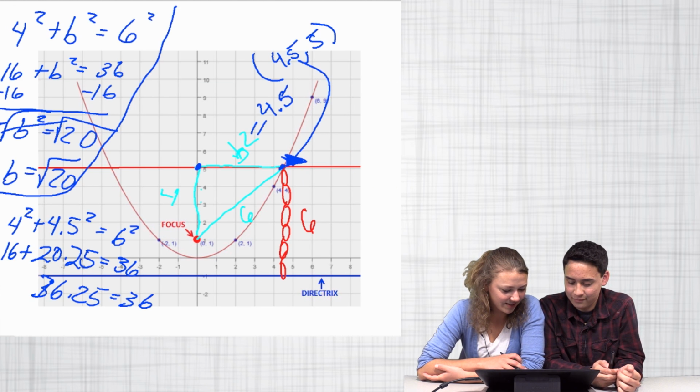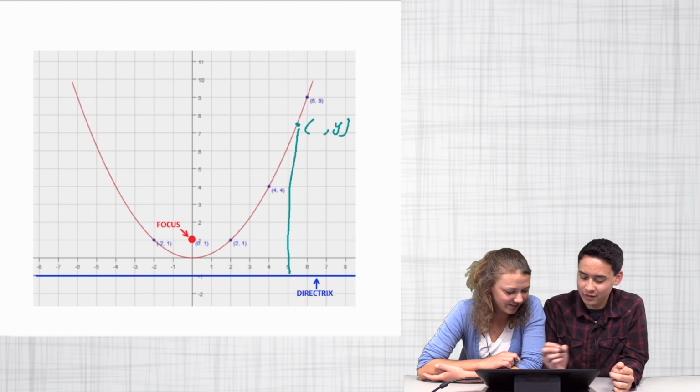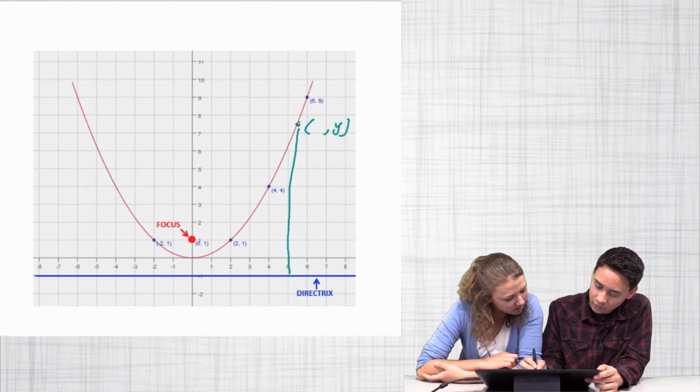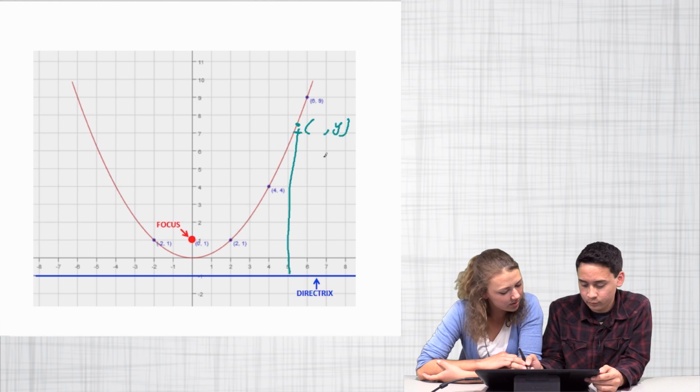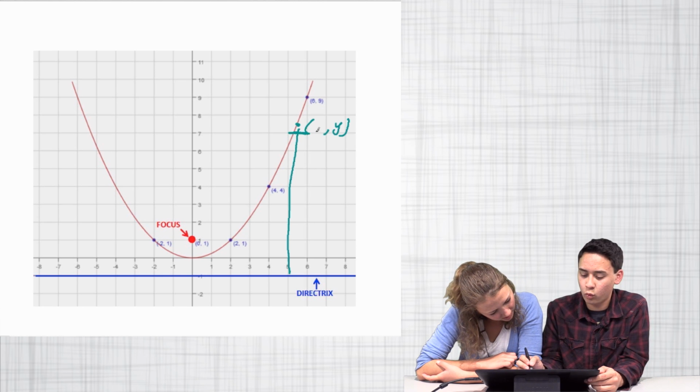Can you generalize what's happening? Yes. So wherever the point is on our graph, say if it's at 7, then it's always going to be 8 away from the directrix and the focus. It's your point, or your y, plus 1. Why don't you write that down?